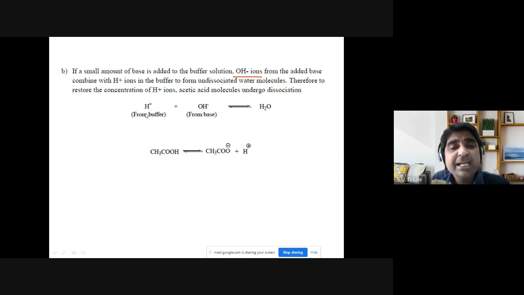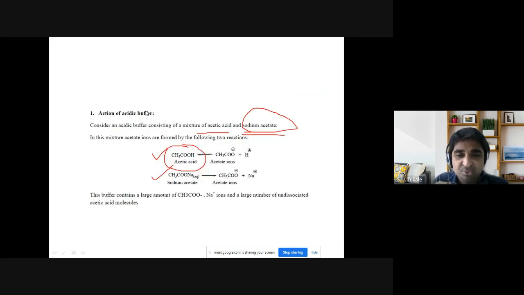The H plus ions from this buffer solution will combine with the OH minus ions added from the base. They will form undissociated water molecules. Again, undissociated water molecule is formed. At that time, the H plus ions are consumed from the solution, because they are reacting with the added base OH minus ions and forming neutral water molecules. So the pH of the solution will not change.